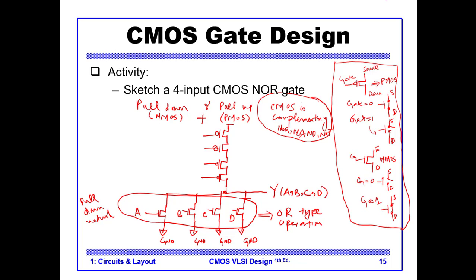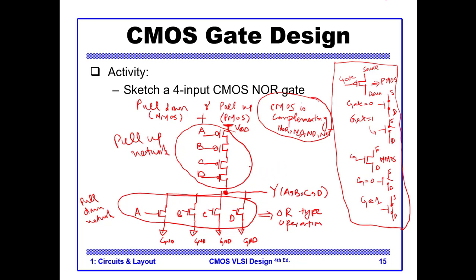So it is shorted with this point, and this is A, B, C, and D. And this is our VCC or VDD. This is our supply. So you see, this network is called pull up network, and the resultant is our NOR gate.